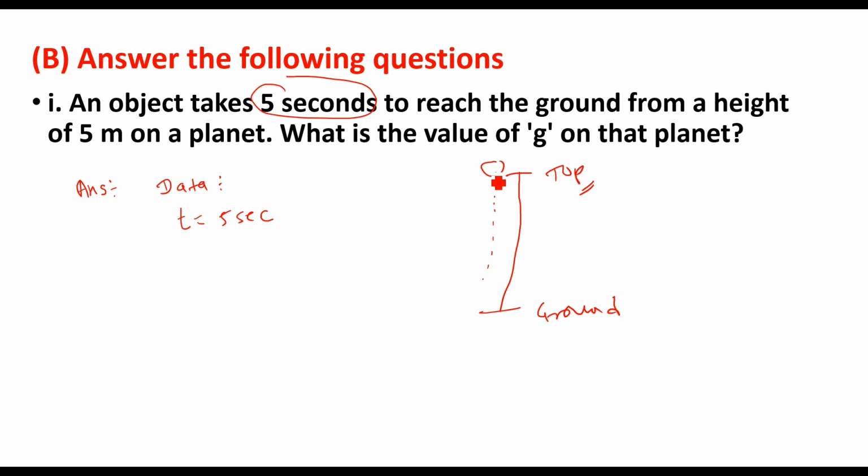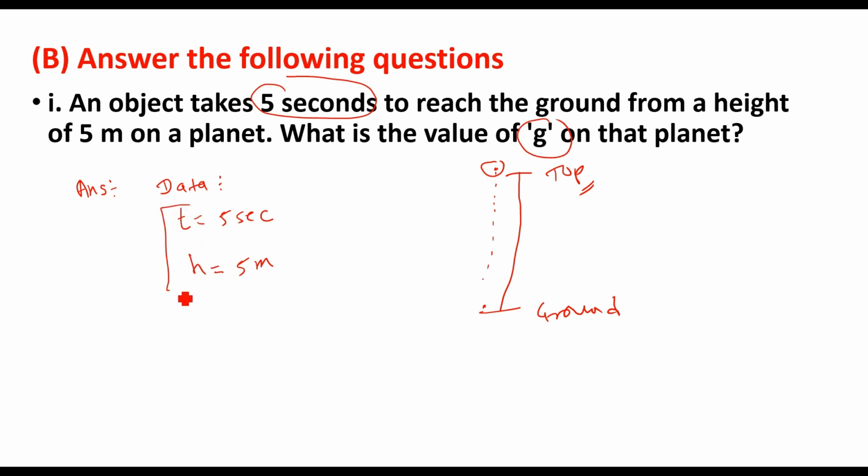It is observed that for the stone to reach the ground from the top of the terrace, it takes 5 seconds, and the height is 5 meter on the planet. So H is equal to 5 meter is given to you. Then what is the value of g on that planet?